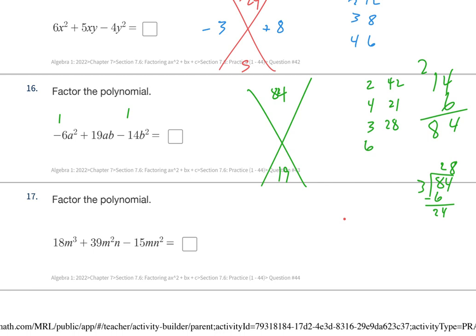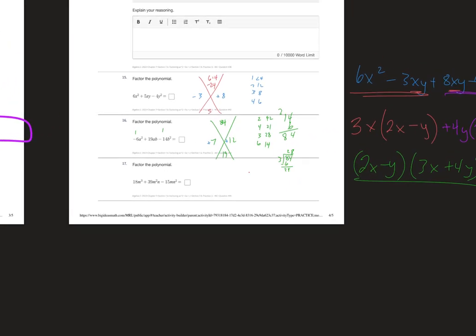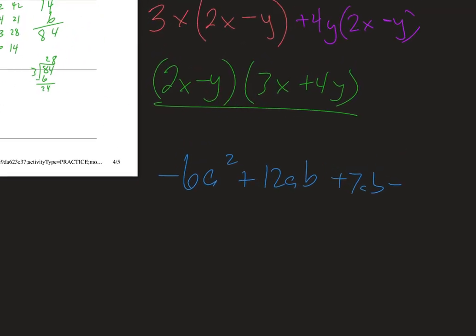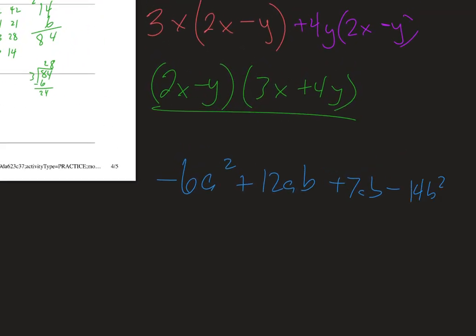6 times, let's see, 14. Oh, close. Let's see. 2, 3, 4. 5 doesn't work. 6. Oh, 7 and 12. Duh. Great. So these will both be positive, and we have this now. We have negative 6a squared plus 12ab plus 7ab minus 14b squared.